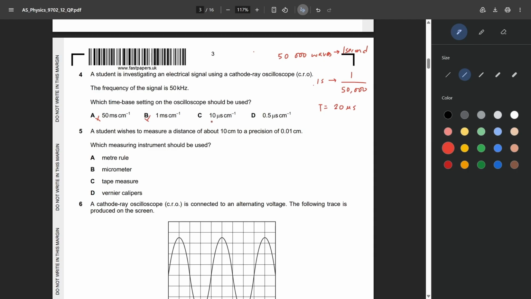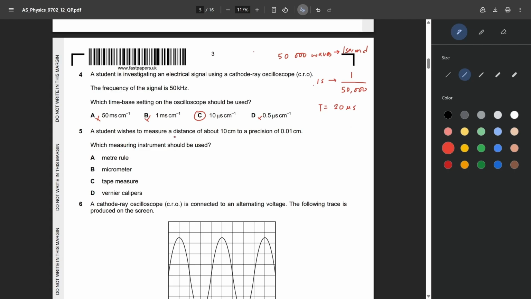If the time-base setting is 10 microseconds per centimeter, we need 2 blocks to show 1 complete wave, right? So option C makes sense. As for option D, if the time-base setting is 0.5 microsecond per centimeter, that's going to require about 40 centimeter blocks to show one single wave, right? So option D also does not work.